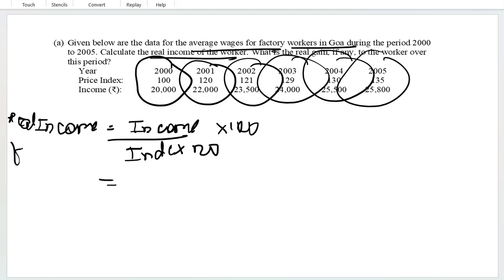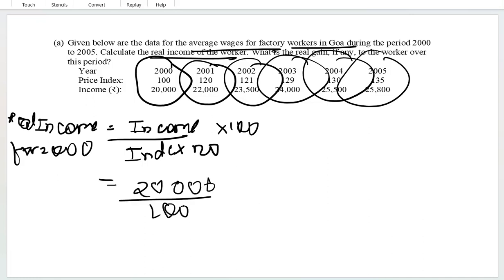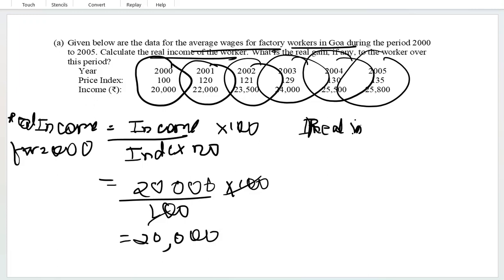So we are doing it now for 2000. When you insert the income upon index number into 100, you will get 20,000. Now similarly, you have to calculate real income for 2001. In 2001, real income is nothing but the income upon price index number into 100.